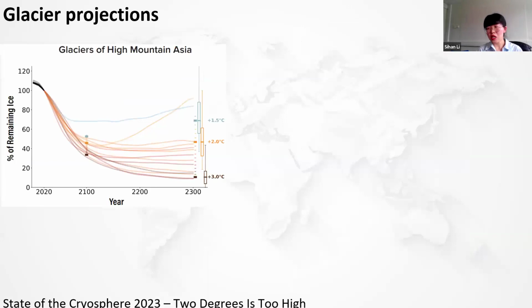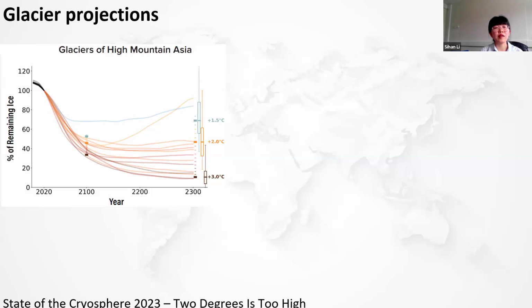Now, if we look at glacier projections and how different glaciers are projected to change, this is taken from the State of the Cryosphere report for 2023. What I'm showing here is the glacier volume change until 2300, so reflecting back on what Bethan had mentioned, looking even further ahead beyond 2100.